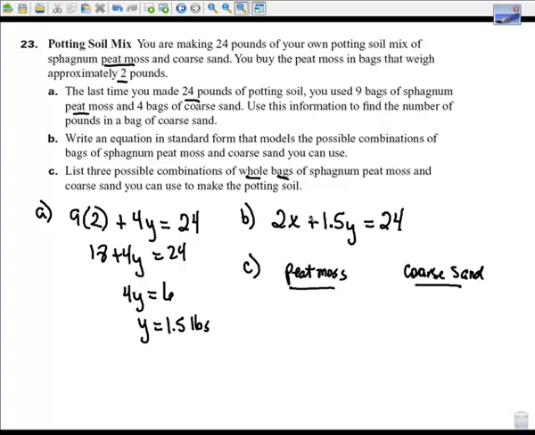Alright, so I'm going to start with the coarse sand because the reason that I do this is I know any even number is divisible by 2. So I'm going to do it so that when I get this number times 1.5 and subtract it from 24, I want an even number left. And remember I can't buy any more than 24 pounds worth.